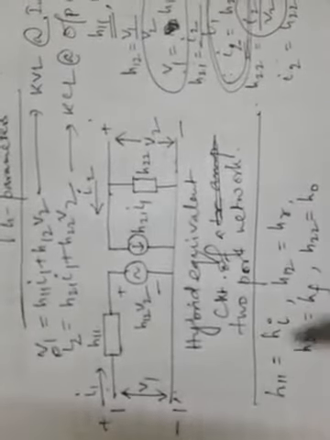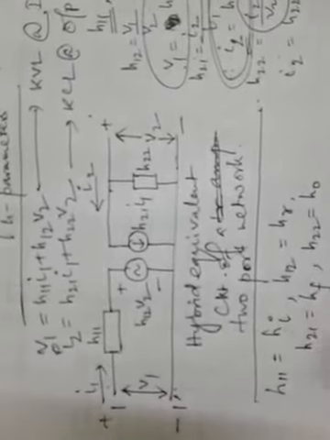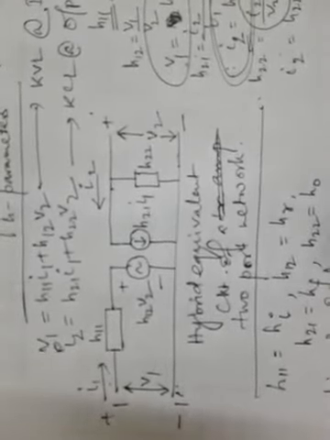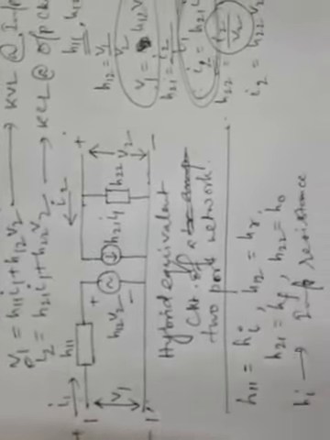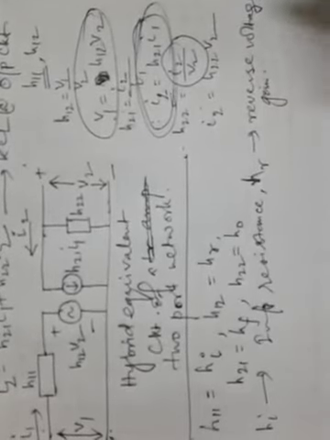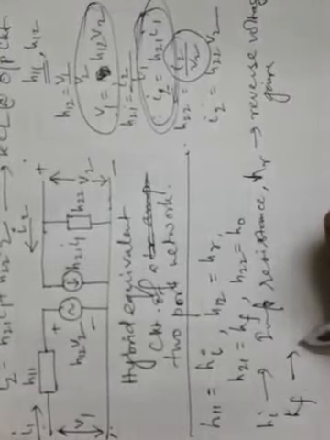So HI is nothing but the input resistance or impedance. If you consider the AC analysis, it is better termed as input impedance. Then R in HR stands for reverse voltage gain. F in HF stands for forward current gain.